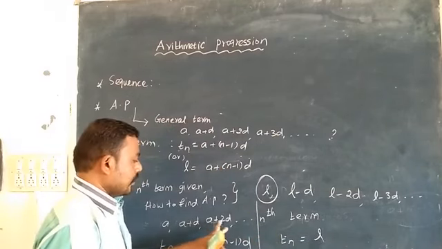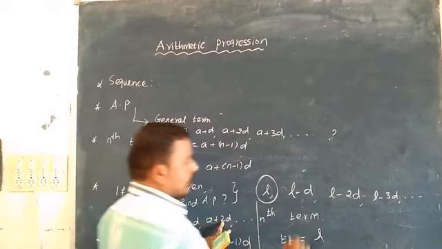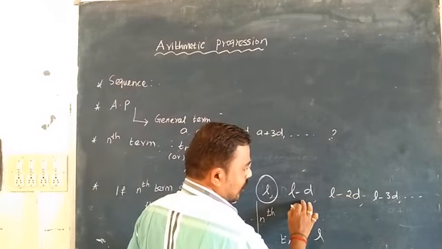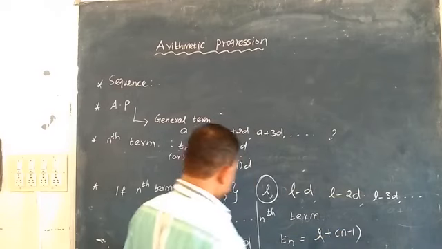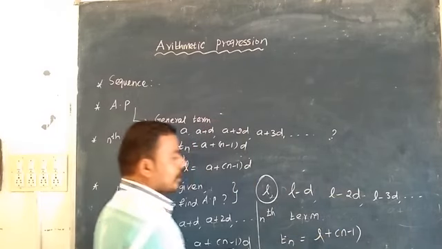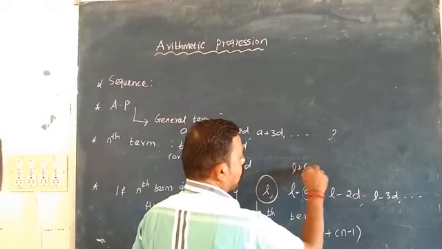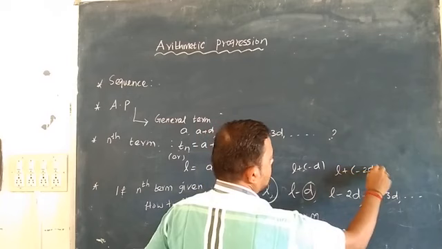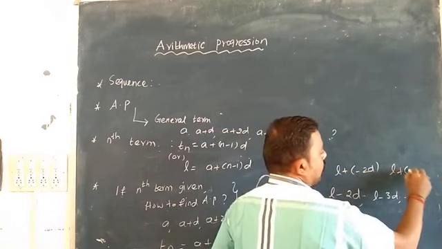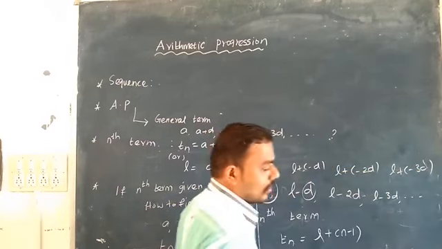Here you have positive d, positive d. So here it is nothing but decreasing, no? So a plus n minus 1 into d. Here think about the d: l, l plus of minus d, l plus of minus 2d, l plus of minus 3d, decreasing, that is minus.